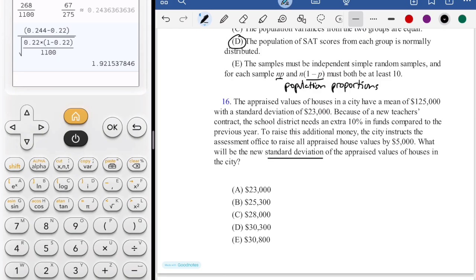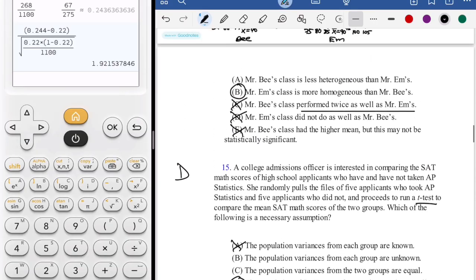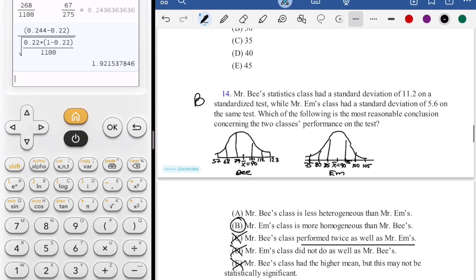If you increase every value by the same number, regardless of all this extra information they gave, it's not going to change your standard deviation. It doesn't change the relative positioning between points, right? The standard deviation is your relative position around the mean.